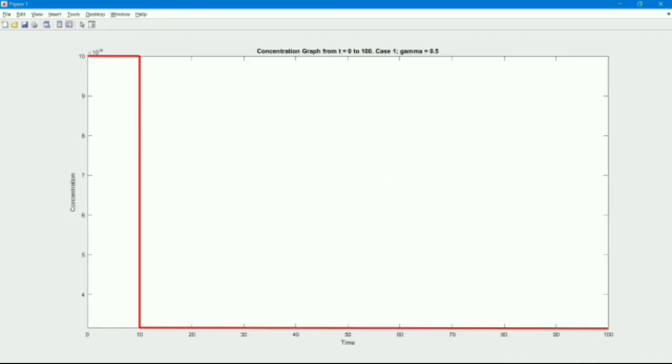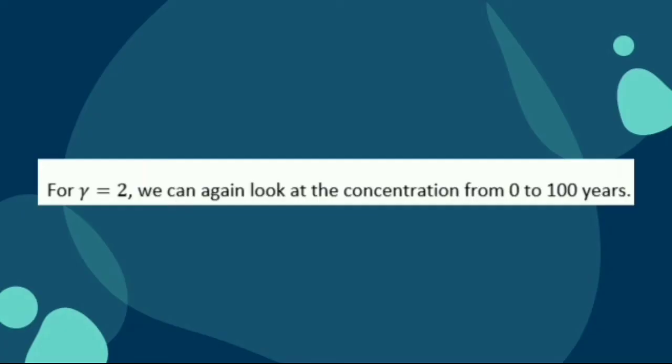Based on the graph, the concentration will significantly decrease at time equals 10. This is because of the source remediation. If we solve for when the concentration will be 0, it will be around 17,733 years.